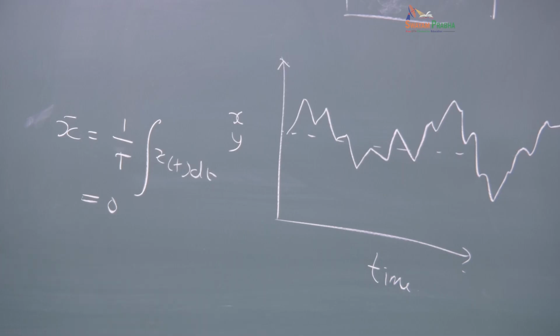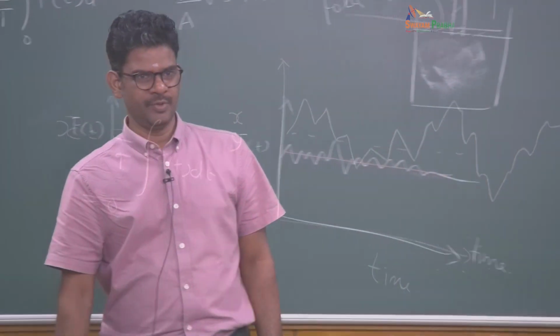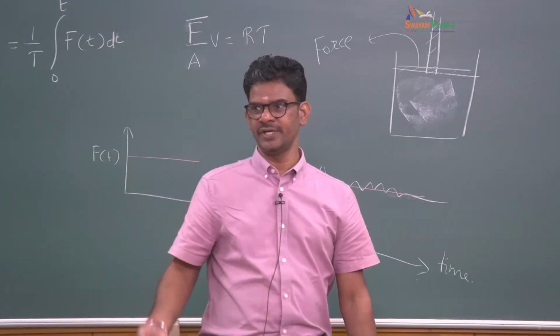And I can go on to say another example. If you look at the current in a circuit and you measure the current, that will also have a fluctuating character.